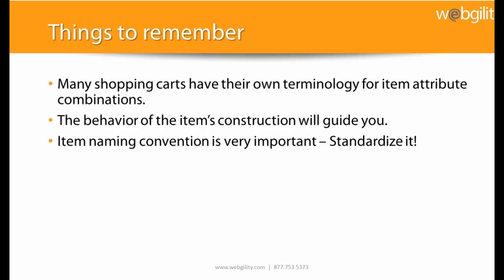And so once you know the behavior, you can then predict, okay, how do I standardize? And I want to highlight this point as so essential to e-commerce inventory. The item naming convention is so important. You must standardize it. And what I mean by standardize is the SKU that you see in the online store. When you see that same SKU in your QuickBooks, you should know exactly what that product is.